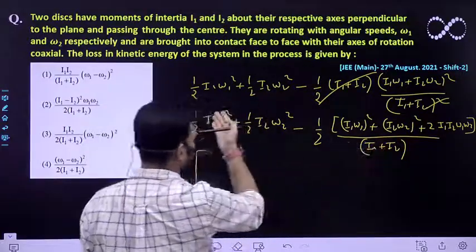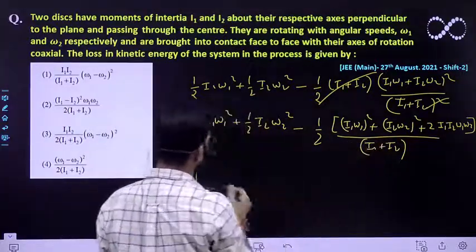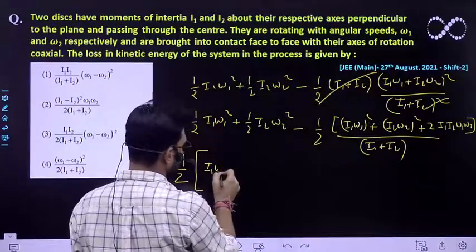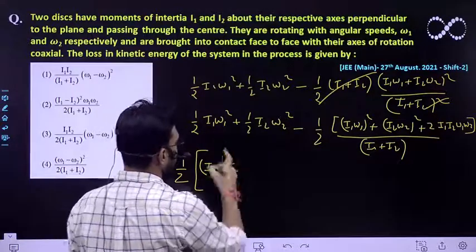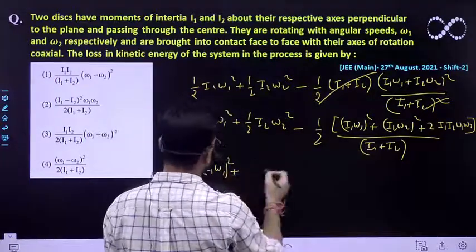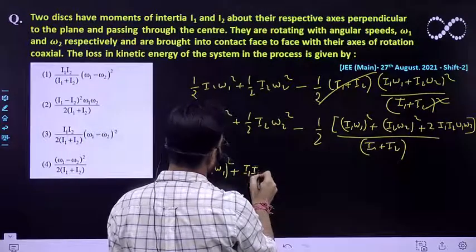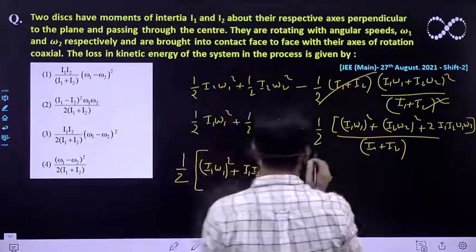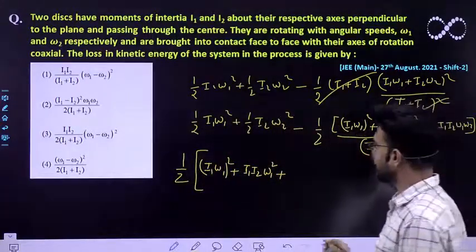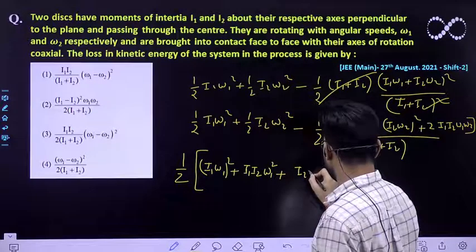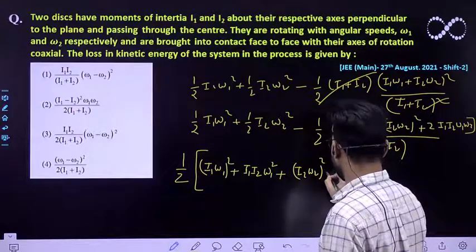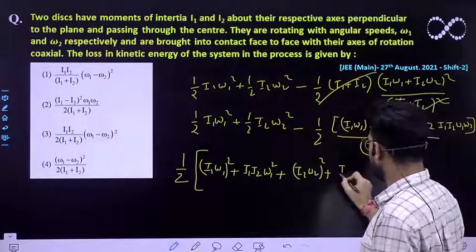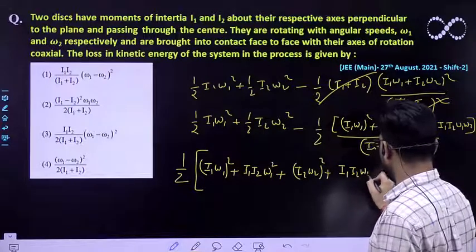So you have to multiply this expression with this, so it would be equivalent to I1 omega 1 whole square plus this would also be multiplied by the second expression, so it would be equal to I1 I2 omega 1 whole square, plus this term would also be multiplied by this term, so you'll be getting I2 omega 2 whole square plus this would multiply with the second term, so it would be I1 I2 omega 2 whole square.